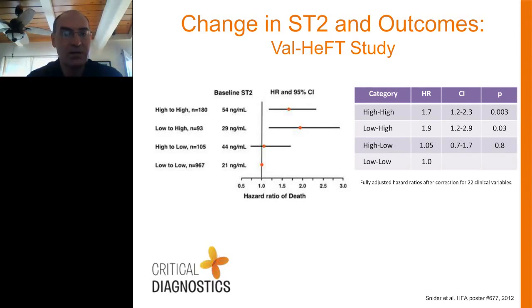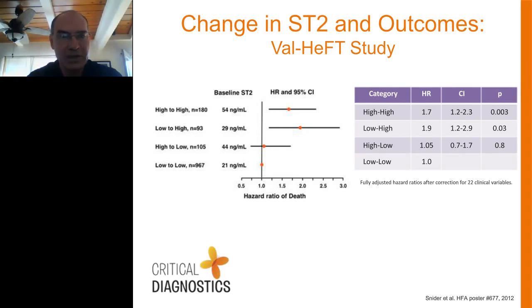And we see that if a patient was persistently high, they're at much higher risk, 70% higher risk of an adverse event, mortality in this case. Or if they went from low to high, they were even higher risk, a 90% increased risk. But the patients who were persistently low or were high and went low had essentially the same level of risk.